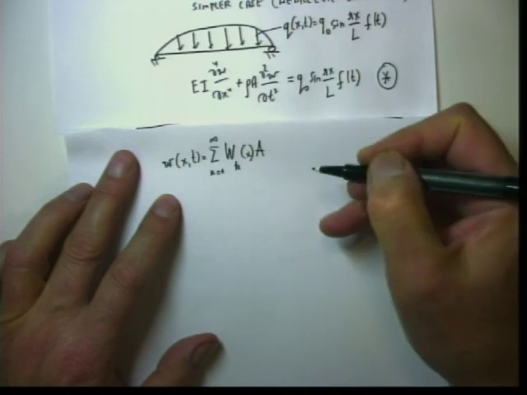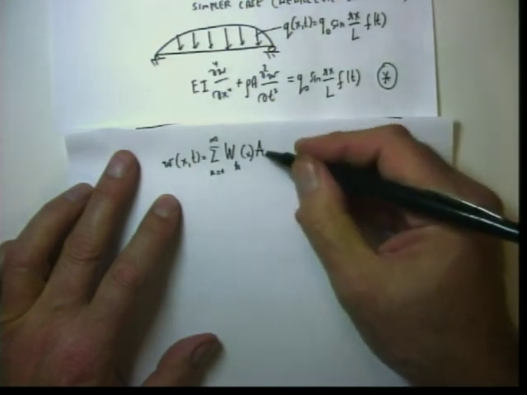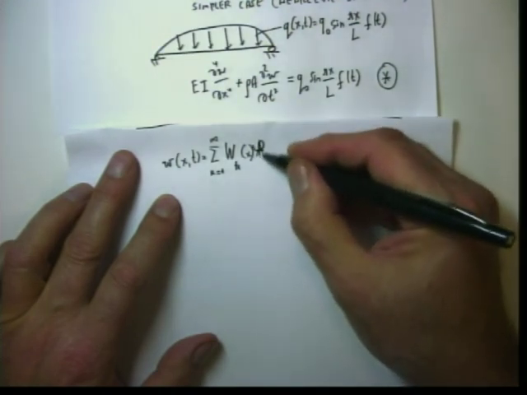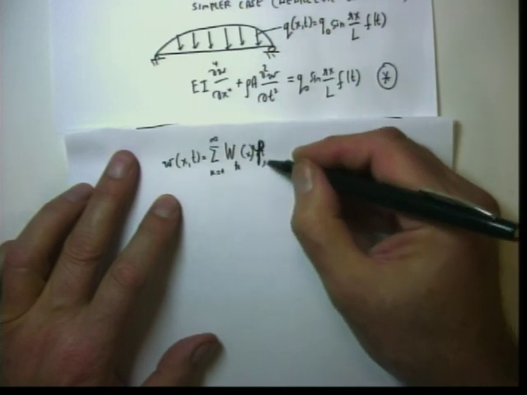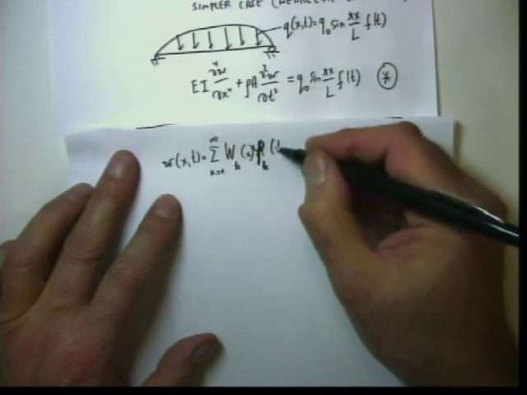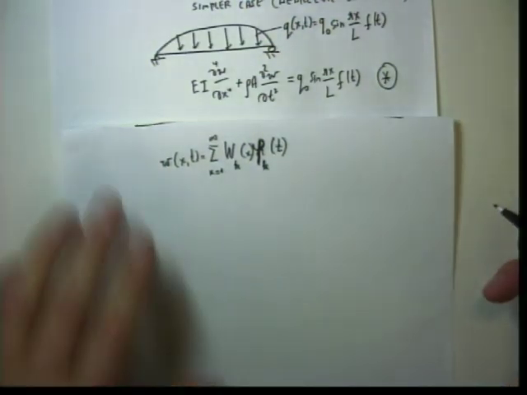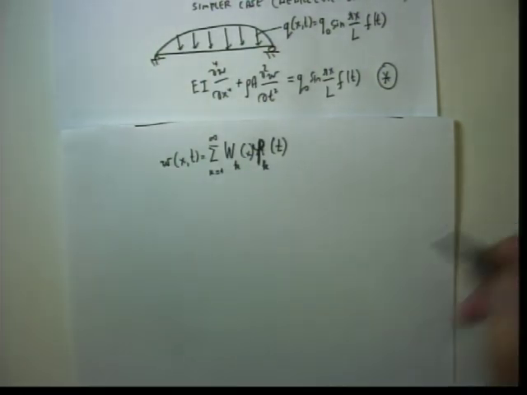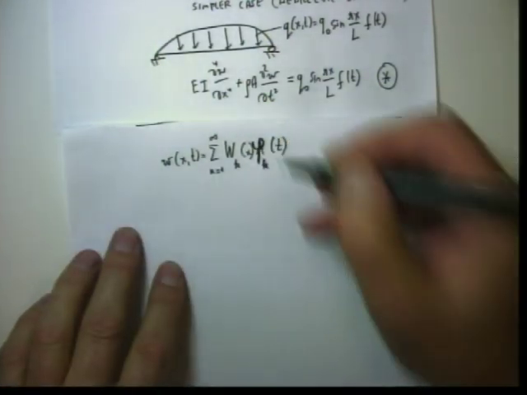Or actually we can write down that this is some function, phi k of time. And then we will leave it at this, phi k of time.